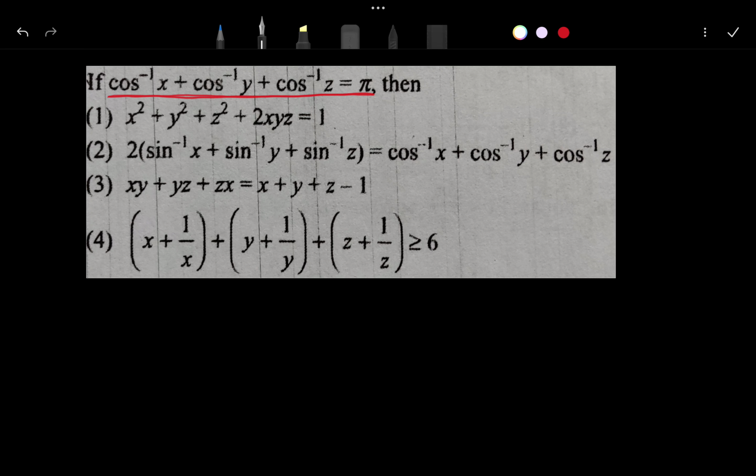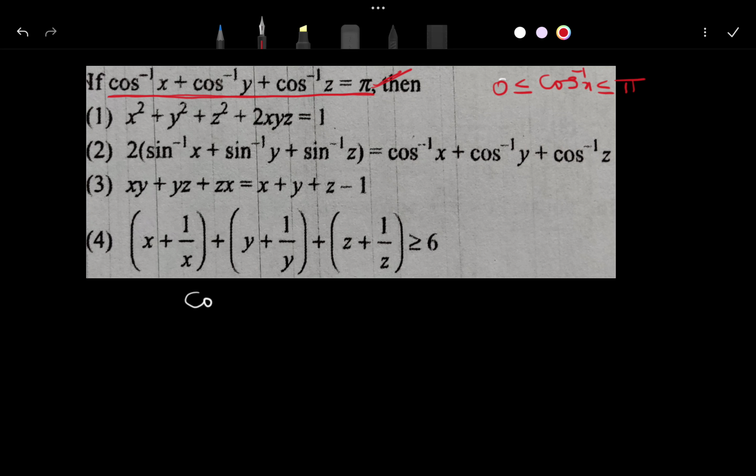So what is the range of cos inverse x? Cos inverse x range will be 0 to pi. You know this is fundamental. So in this range you consider one angle which satisfies the given relation.